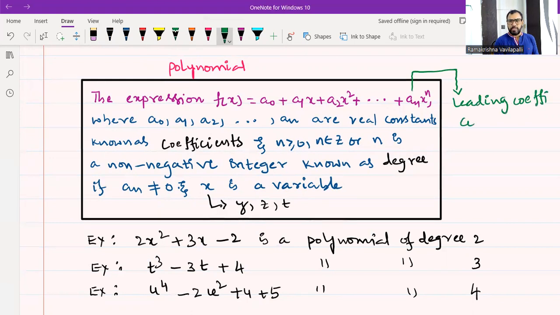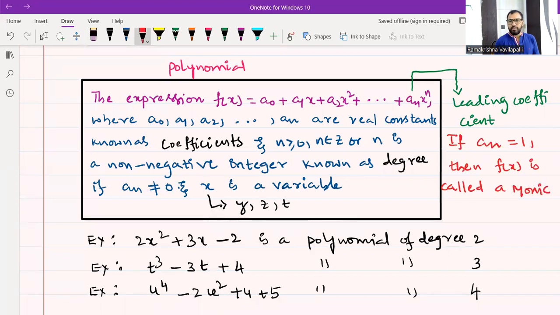If the leading coefficient is 1, that is, if an equals 1, then f of x is called a monic polynomial. Mon means 1. Monic polynomial.